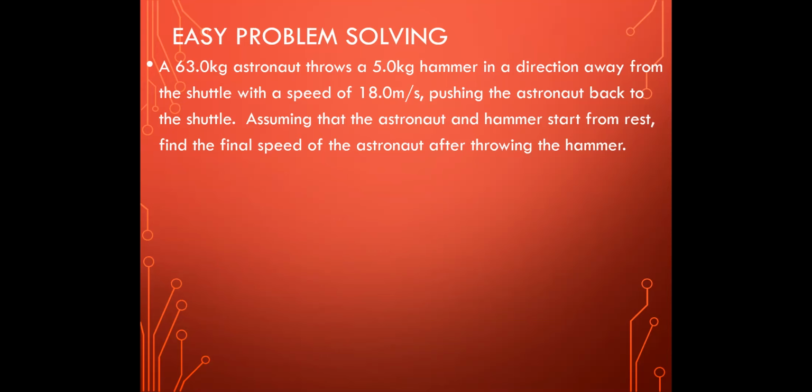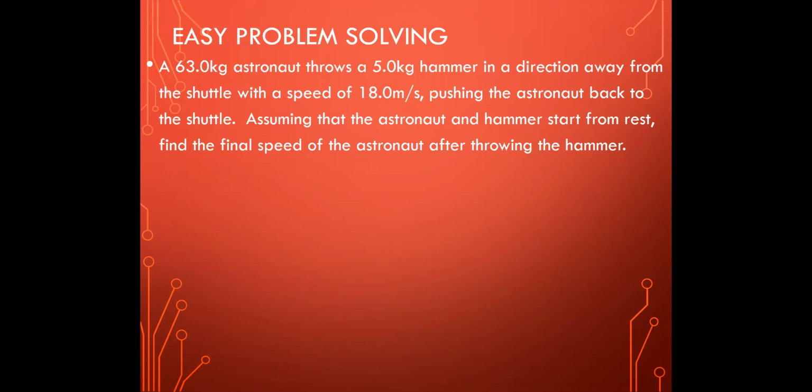So the hammer is going away with 18 meters per second and pushes the astronaut to the back, or to the left. You can say right and left, or backward and forward. Now, assuming that the astronaut and the hammer start from rest, they are standing. They didn't do anything. They are at rest.